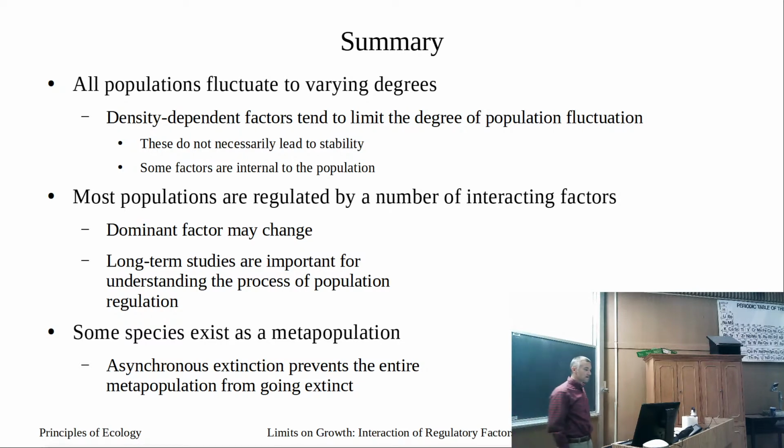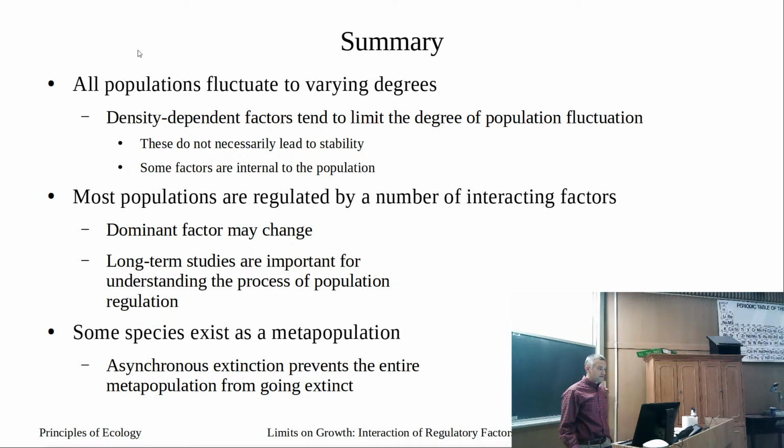Our density-dependent factors tend to limit how much we fluctuate, because they are trying to push us to the carrying capacity. But this doesn't necessarily lead to stability. It can get us there, or try to get us there, and then we have all of those density-independent factors at work that start adding the noise. They're going to add a lot of these fluctuations.